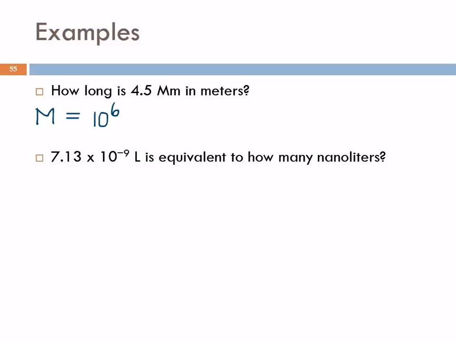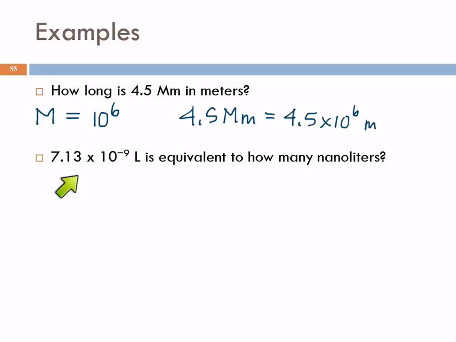Mega literally means million. So capital M is 10 to the 6. So 4.5 megameters is equal to 4.5 times 10 to the 6 meters. So you can just interchange the prefix and its meaning, 10 to the whatever.